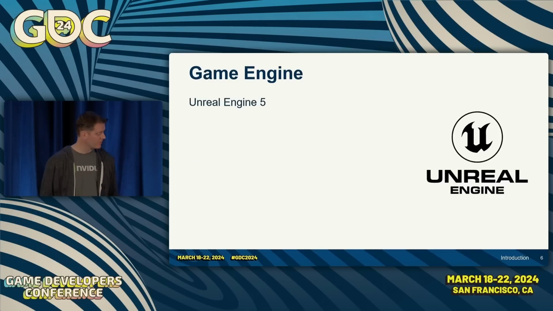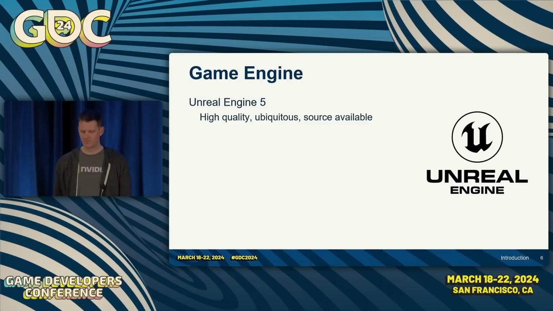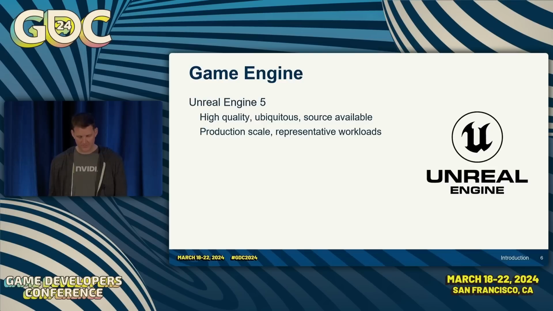So we've been working with Unreal Engine 5. And we chose it because it's a high-quality, ubiquitous, great engine that has its source fully available. And a whole bunch of studios, including people sitting here today, I'm sure, have used Unreal 4 and 5 at production scale. So we expect to encounter a lot of really great, representative, challenging graphics workloads using this engine.